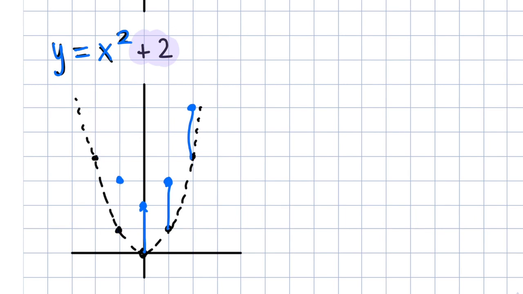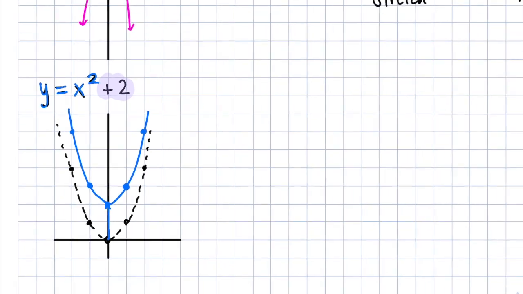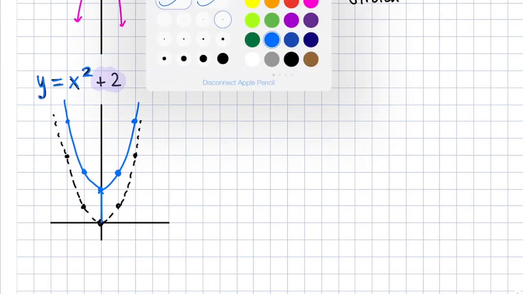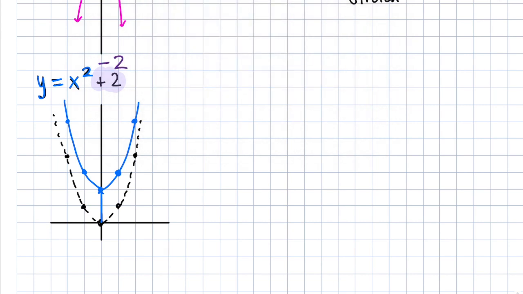Now if I erase the blue lines and I draw my new parabola, we can see that it has the same shape. We didn't stretch or shrink it. We literally just moved it up 2. And then we can use those two things. If we happen to say, instead of up 2, maybe we had down 2, then that would make it down here.